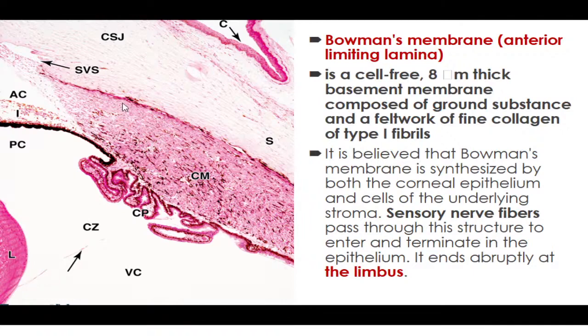We also see the outer chamber with aqueous humor, and we see the canal of Schlemm. Okay, this is the canal of Schlemm. It's the main large vessel which provides the trophic effect for the cornea and for the limbus.